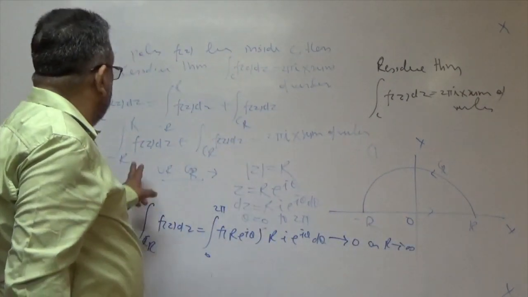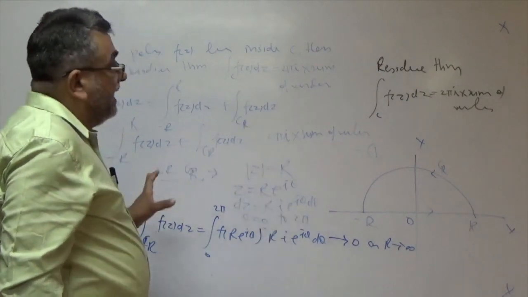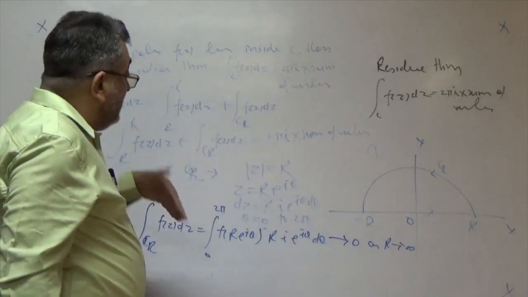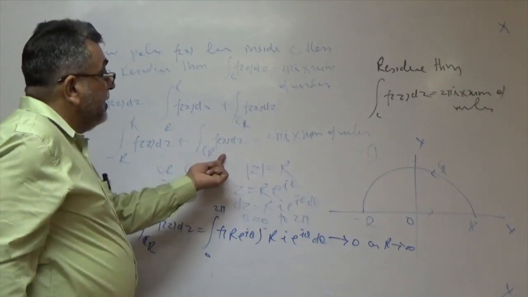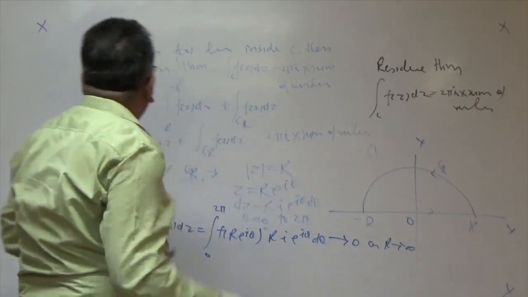Now if we take equation number 1 and take the limit R tending to infinity, then this will be 0.